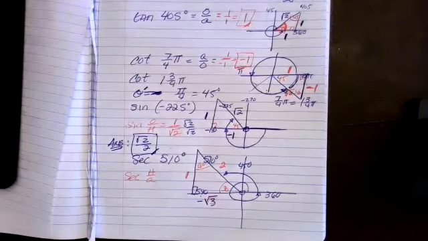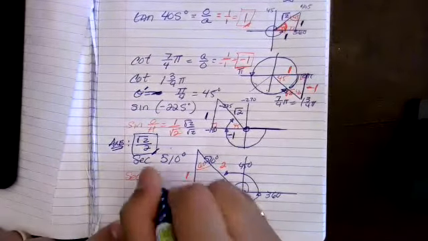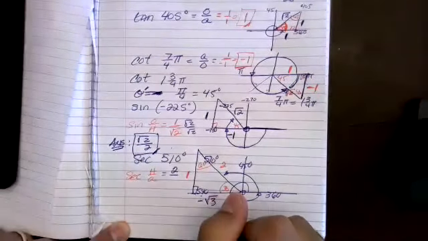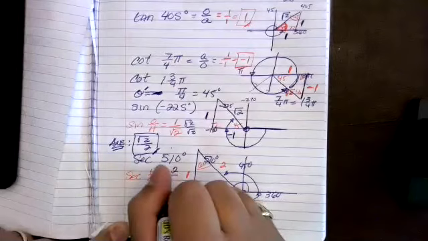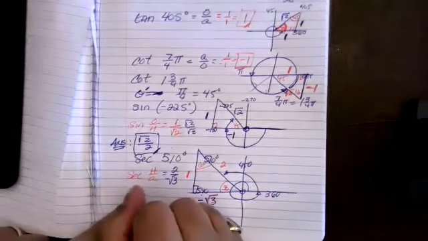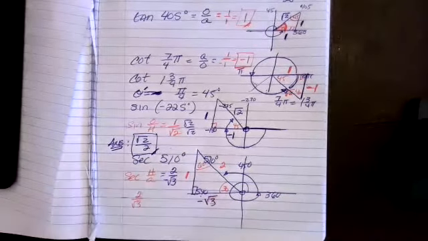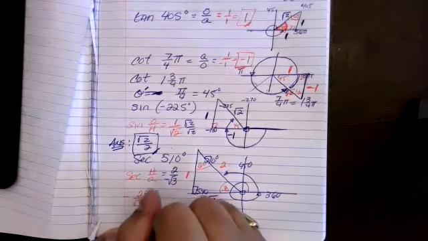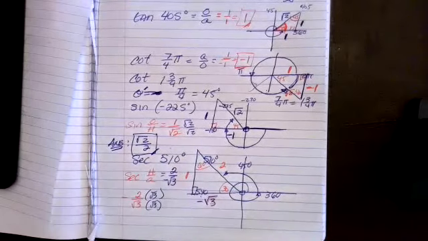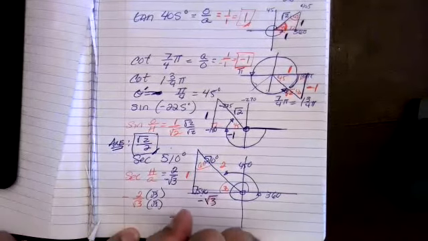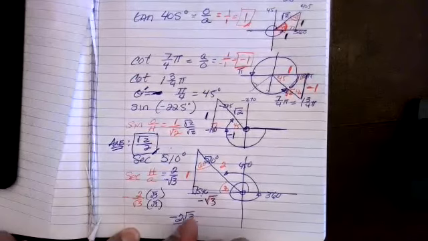So it's my hypotenuse, which is 2, over my adjacent, which is negative rad 3. So I have negative 2 over rad 3. I'm going to have to rationalize that denominator by multiplying the top and the bottom by rad 3. So it looks like my final answer is negative 2 rad 3 over 3.